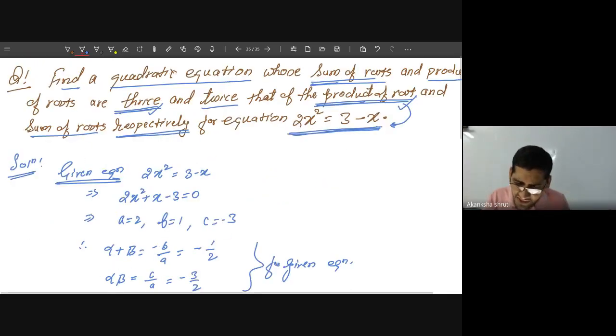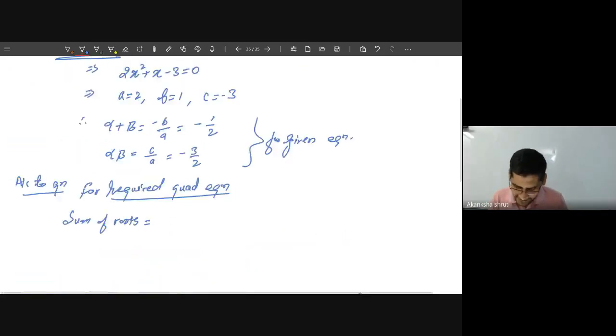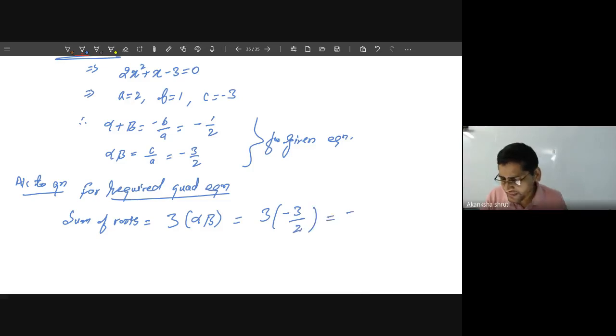Understand this. The sum of roots for the required quadratic equation is 3 times the product, means 3 times alpha into beta. When we multiply it by 3, we get the sum of roots for the required equation. So it becomes 3 into minus 3 by 2, which is minus 9 by 2.